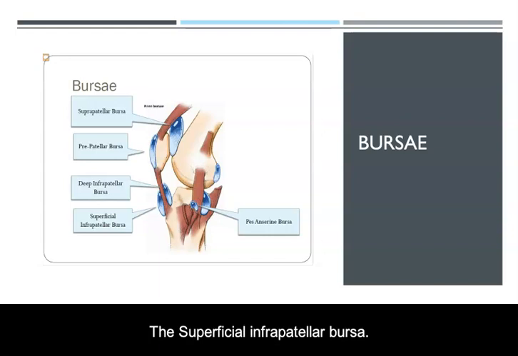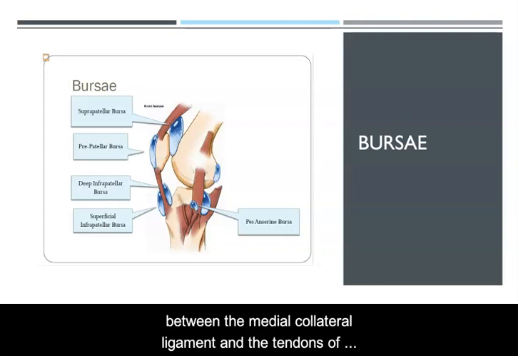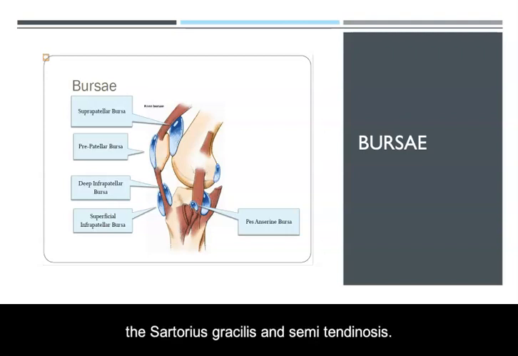The superficial infrapatellar bursa is located between the patellar ligament and skin, and finally the pes anserine bursa is located between the medial collateral ligament and the tendons of the sartorius, gracilis, and semitendinosus. Multiple other bursae exist in the knee.